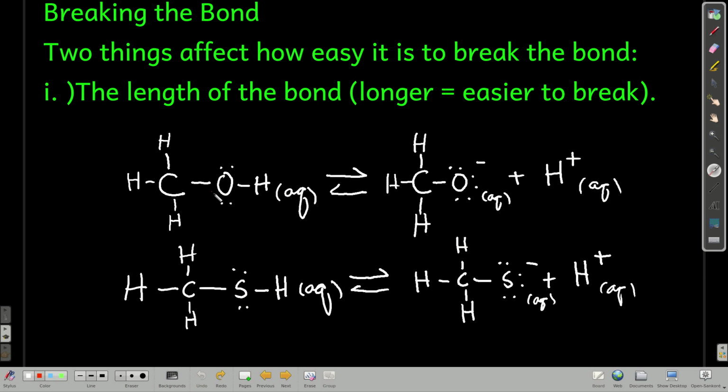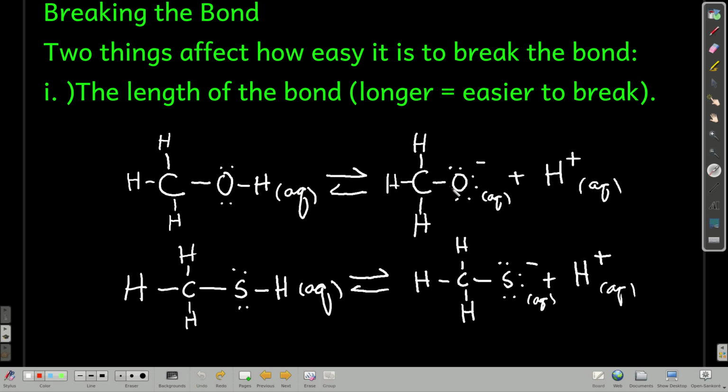The only difference between these molecules is that the acidic proton in methanol up here is attached to an oxygen, and down here the acidic proton is attached to a sulfur atom. Now a sulfur atom is bigger than an oxygen atom. The hydrogen atom is the same size, so that tells us that the bond between the sulfur and the hydrogen is a longer bond than the bond between the oxygen and the hydrogen.